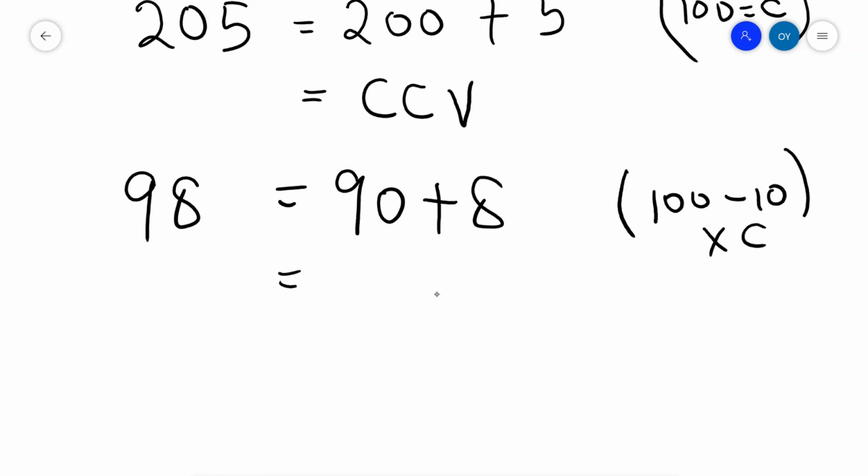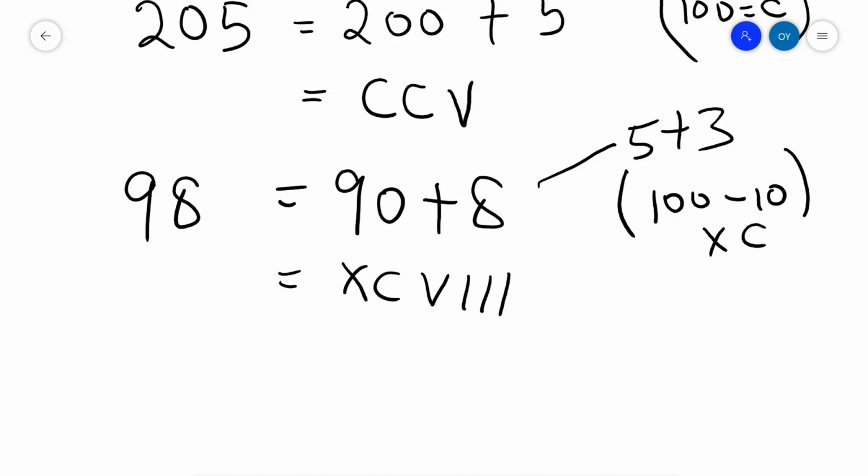So 90 is XC, and 8 gives us 5 plus 3. And 5 is V, 3 is III. So 98 is XCVIII.